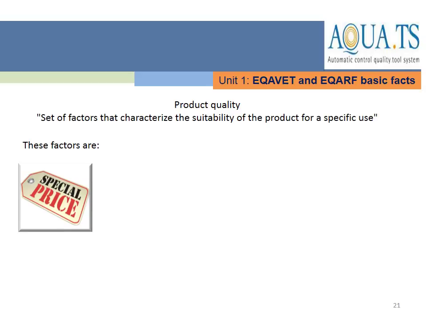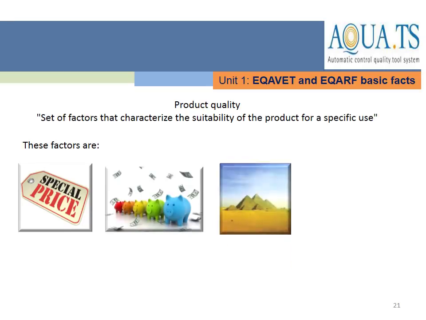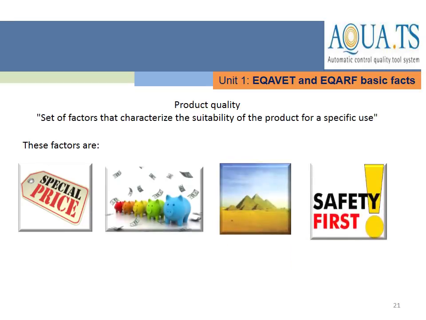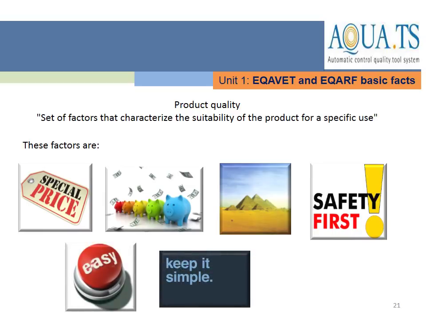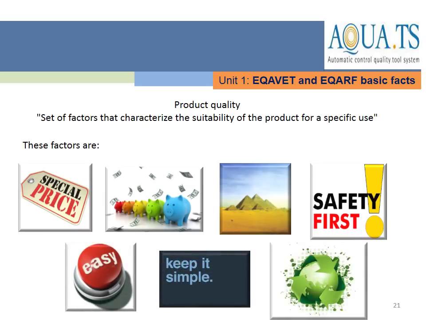Product quality is defined as the grouping of the qualities that characterize the suitability of the product for a specific use. To establish whether a product is of certain quality or not, you have to consider its ability to perform or not the functions for which it was designed.